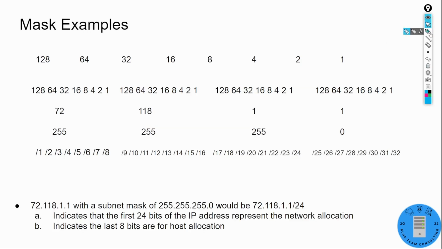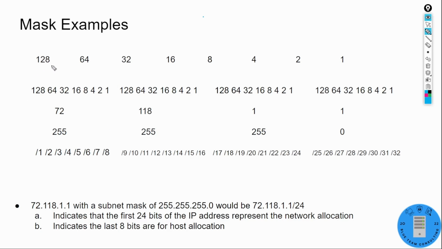So let's cover some mask examples and our hacks/CIDR notation. If we remember way back in Module 1, we drew out this diagram of 128, 64, 32, 16, 8, 4, 2, 1 to learn how to convert decimal to binary, binary to hex, etc. You should be very familiar with this, and if we break it out and apply it to IP addresses, the concept is still the same.